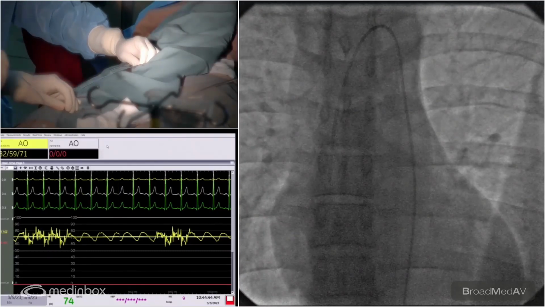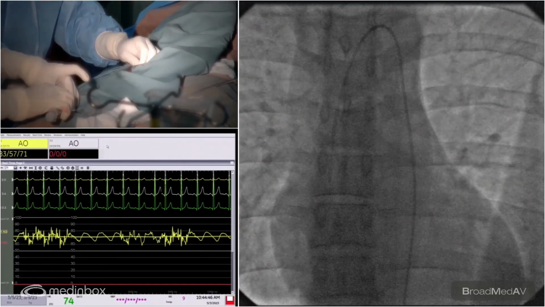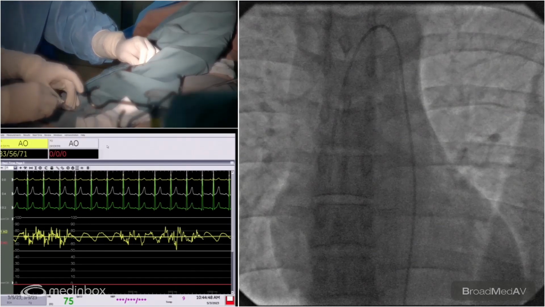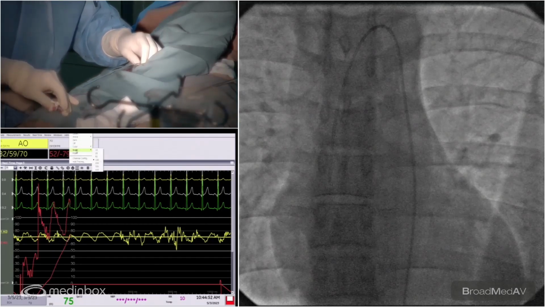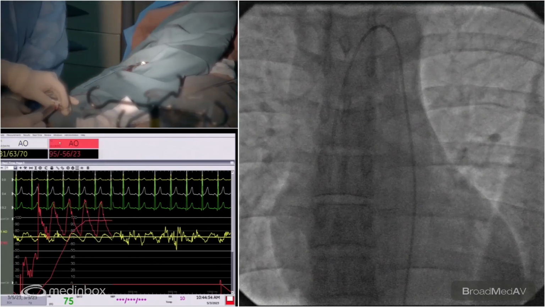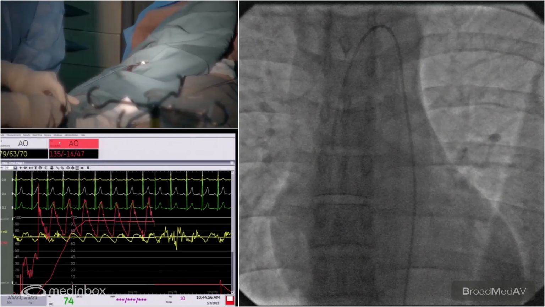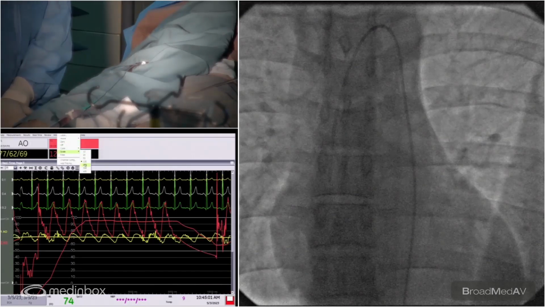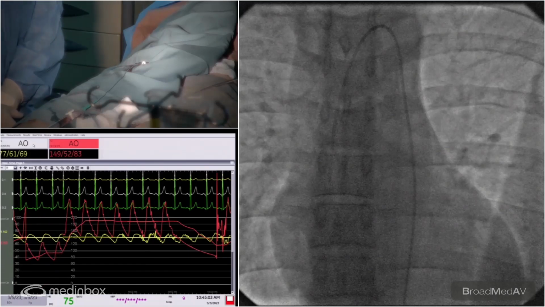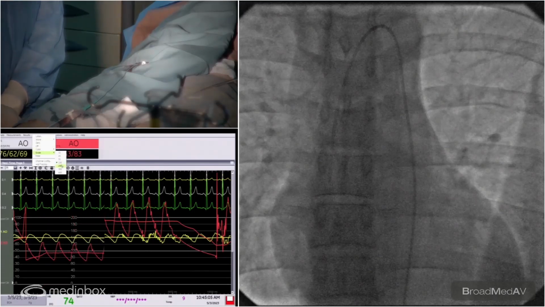Let's check parallel ascending aorta and descending aorta simultaneous pressure and see the clinical gradient. Dr. Tejasvi mentioned the gradient of close to 120 millimeters of mercury on echocardiography. The peak systolic gradient was 120 millimeters of mercury. Let us see the pressure tracing here, both in 100 scales.